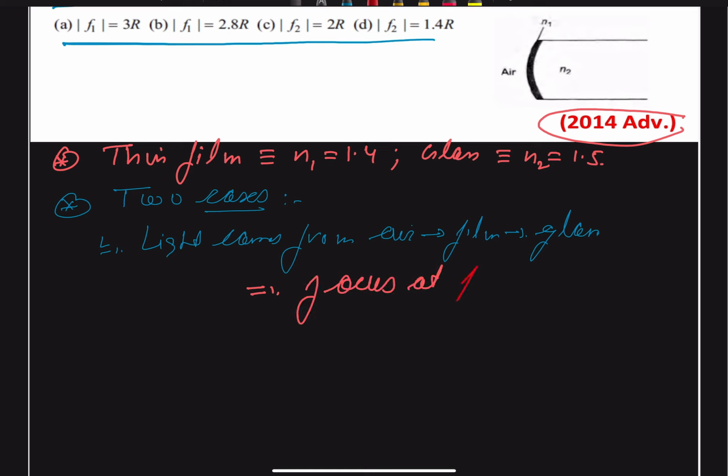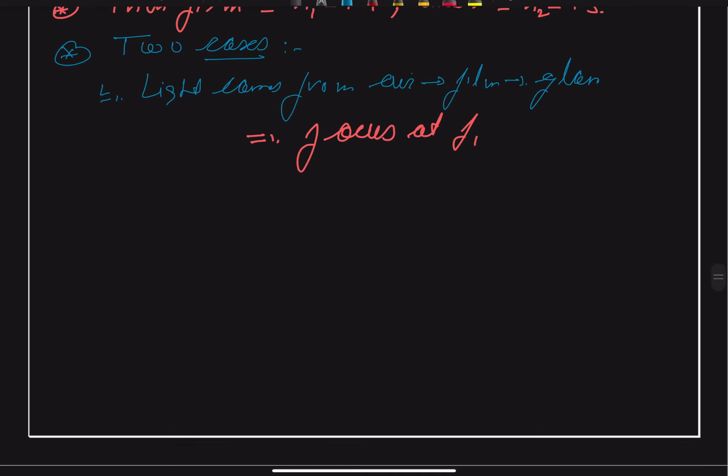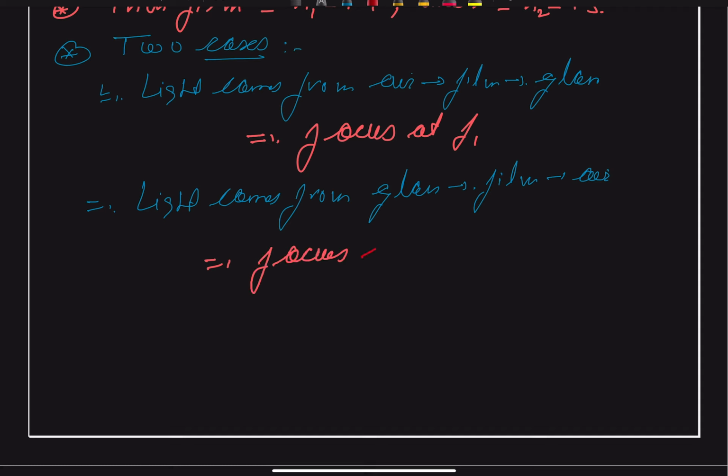And in the second case, light comes from glass and then film and then comes to the air, and now it focuses at f2. And we are given that the radius of curvature is r.